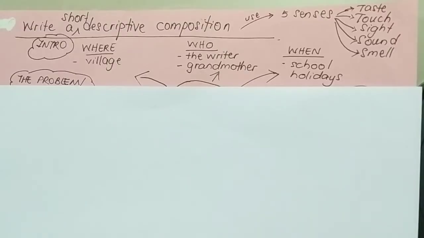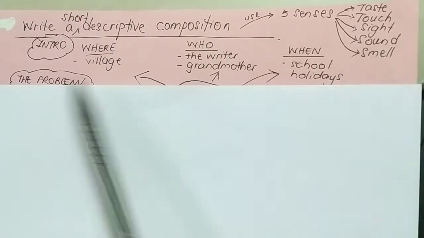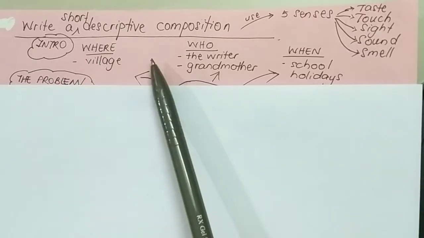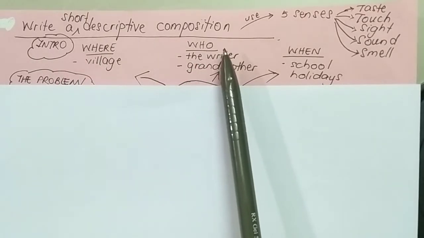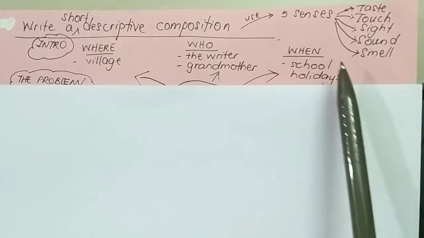As for the writing exercise on page 78, remember to write down the day and the date in your essay book, or the composition book, which is E1 itself. Then you write down this question: write a short descriptive composition, using the 5 senses.